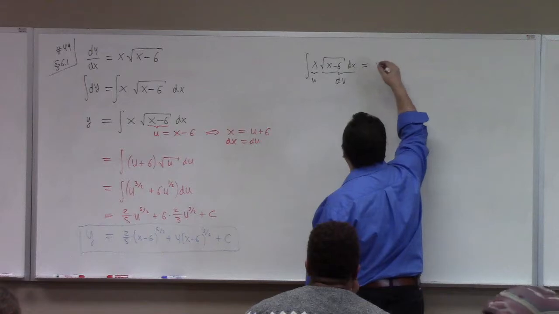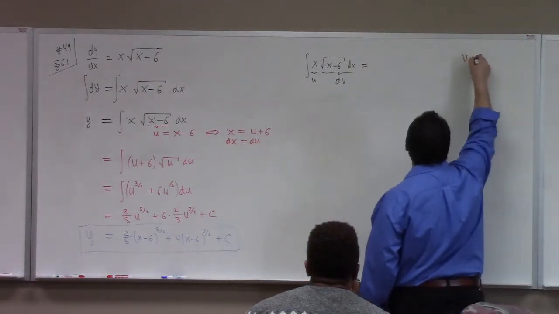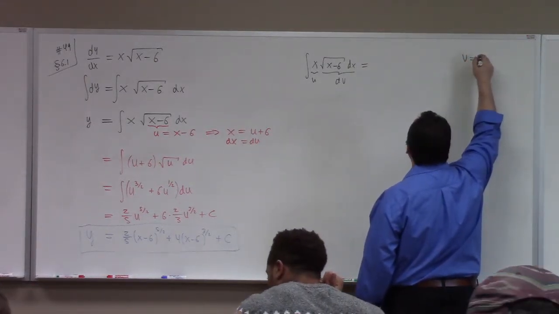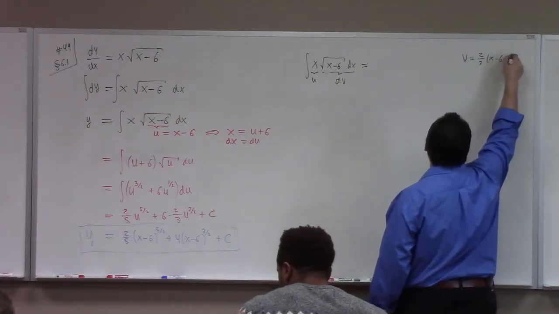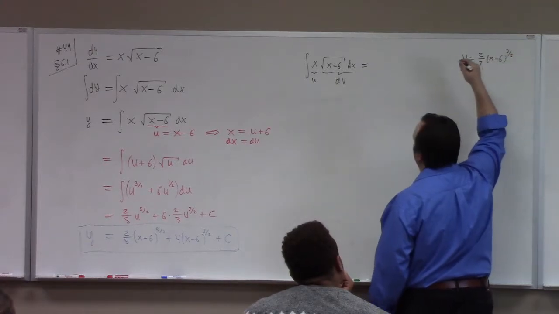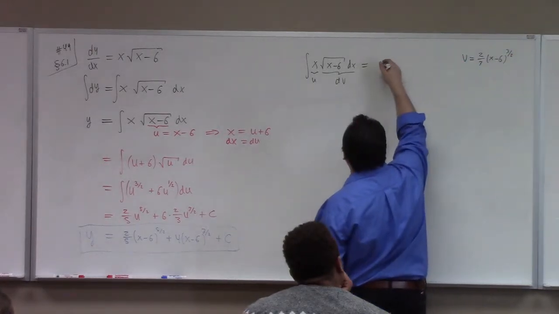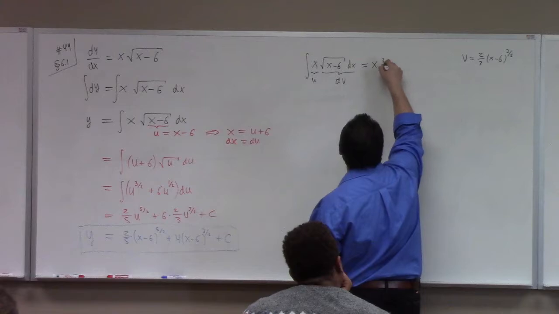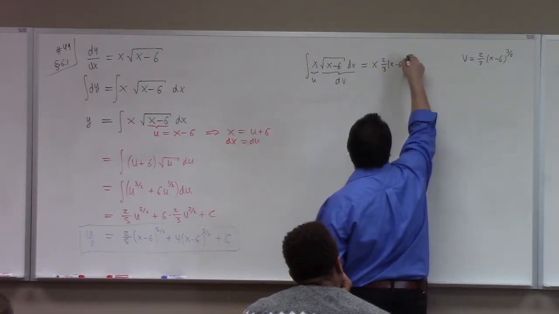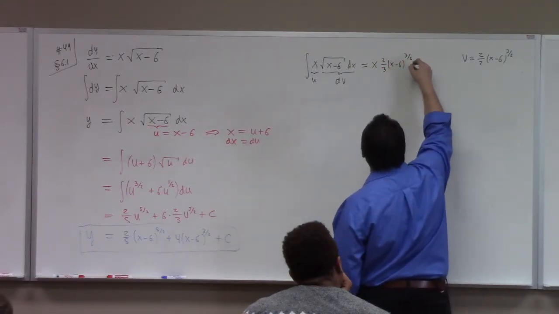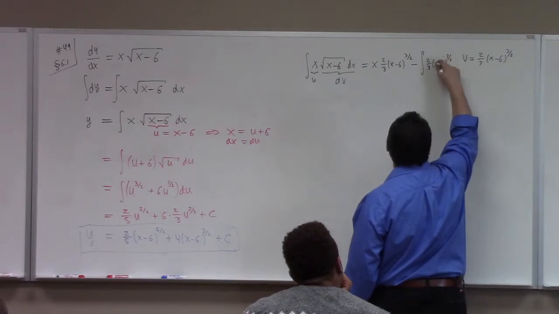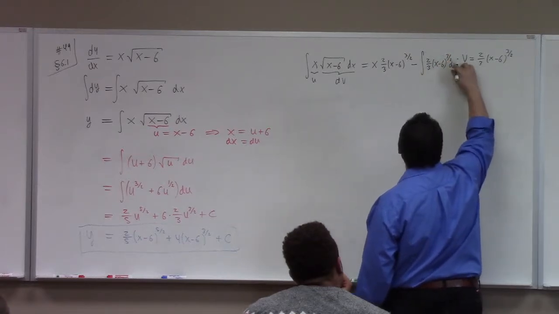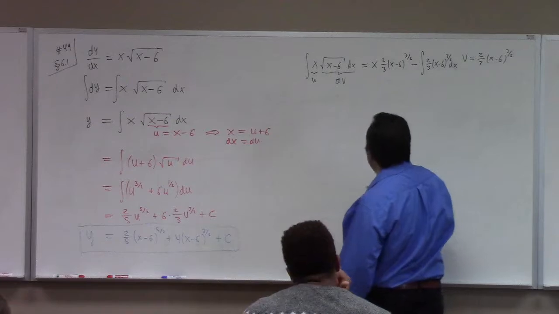So what's v then? v is going to be 2/3 (x minus 6) to the 3/2. So that will give me x times 2/3 (x minus 6) to the 3/2 minus the integral of 2/3 (x minus 6) to the 3/2 dx.